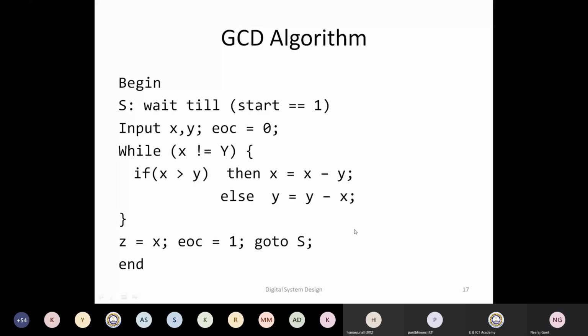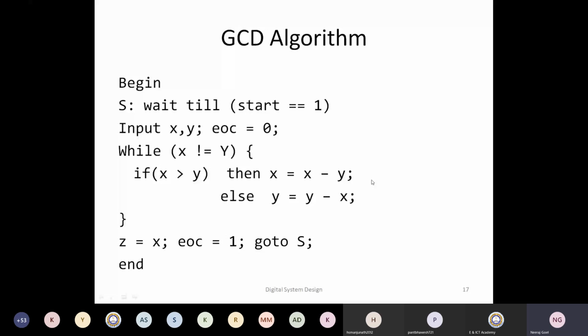As far as function units are concerned, I would say there are only two function units. One is comparison, the other is subtraction. Now only one of these subtractions would take place, either this subtraction or this subtraction. So I would require only one subtraction unit.